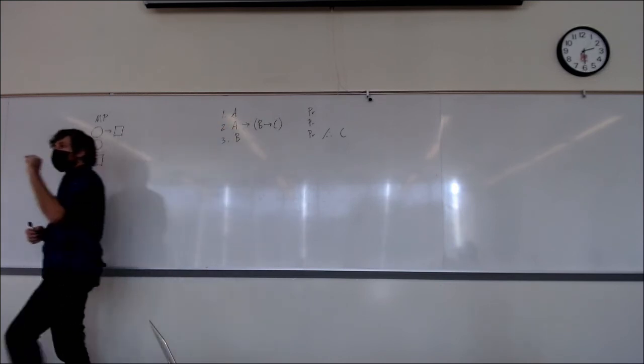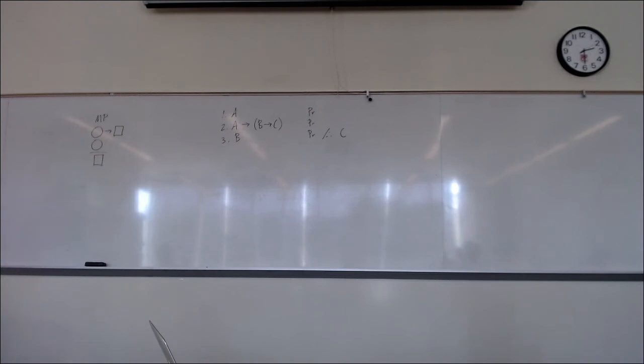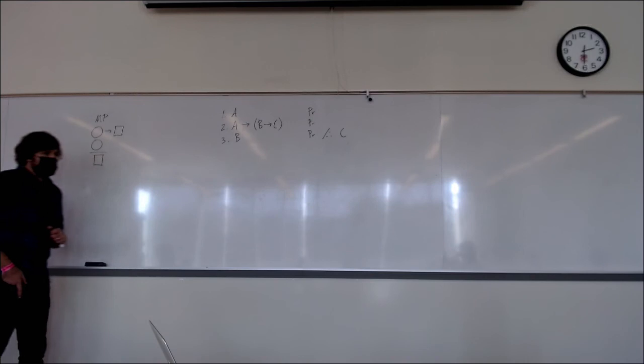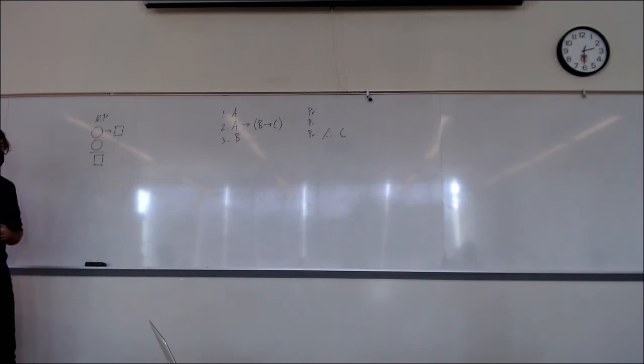Okay, there's some other hands up. Go for it. Would it be 2 and 1? So circle would be A, square would be B arrow C, and then when circle is A on the second one, then it would be B arrow C. Okay, yes. Then that would be a proper use of modus ponens.